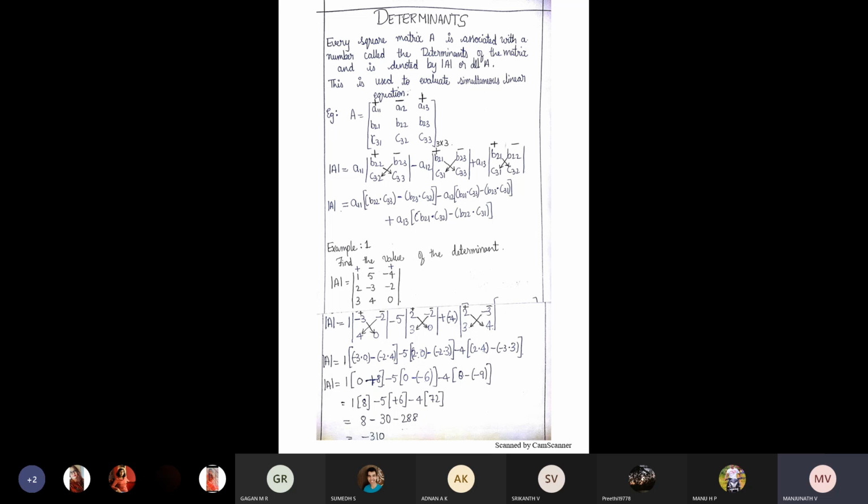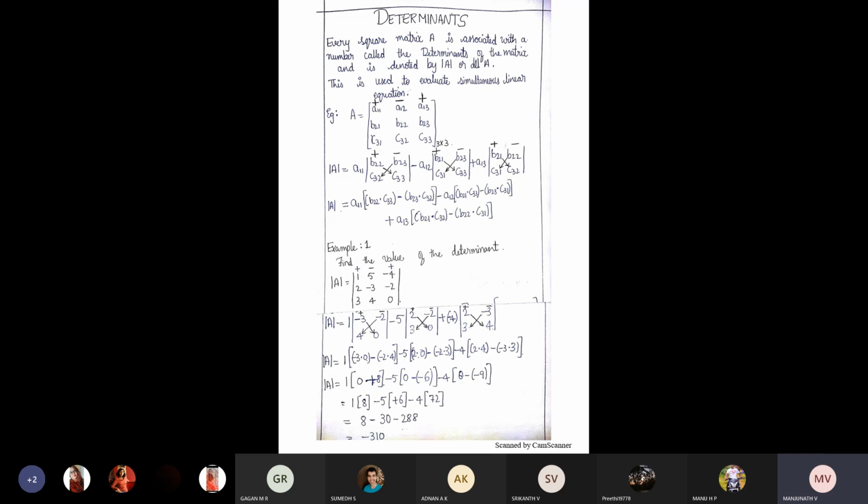Just copy the whole representation in the slide here, including the arrow marks. Understood?